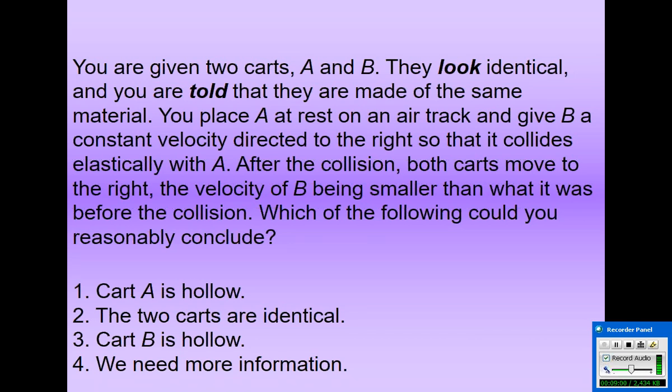Which of the following is a reasonable conclusion? Part A is actually hollow, or the two parts are identical, or part B is hollow, or we need more information. Think about it. Don't hesitate to ask questions at the start of class.